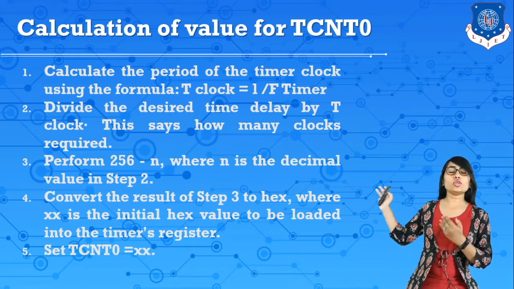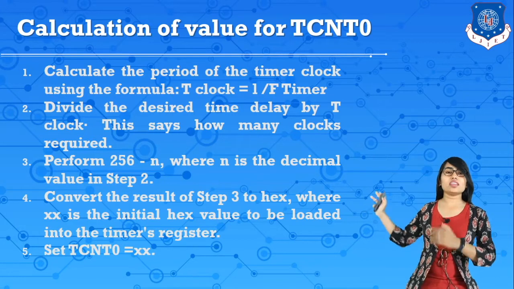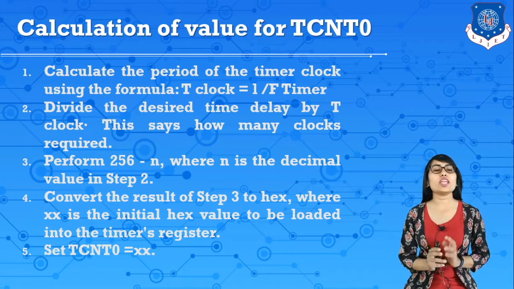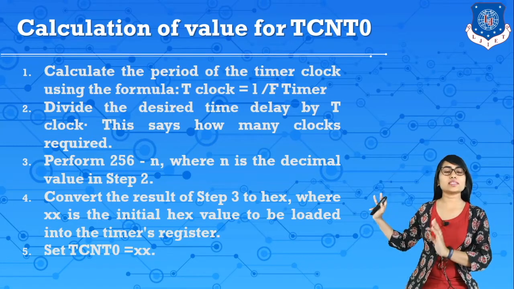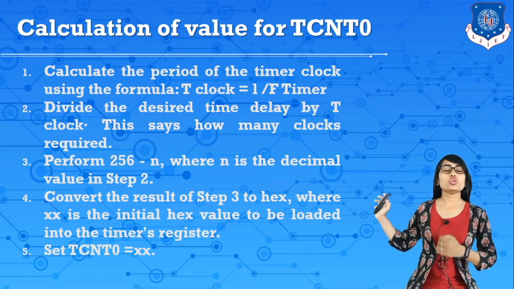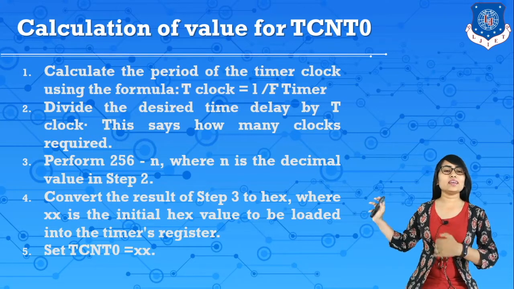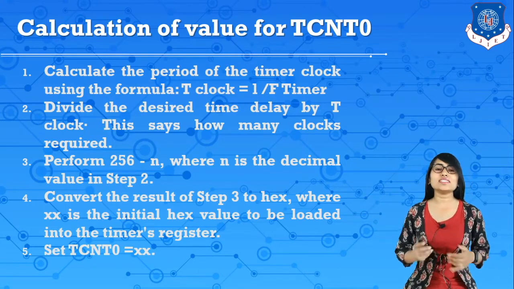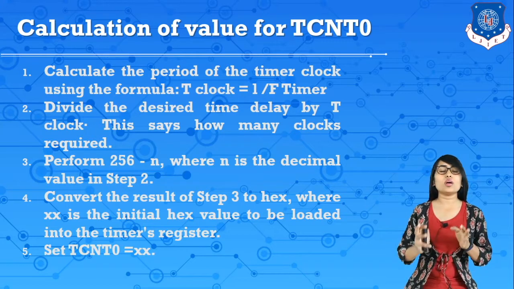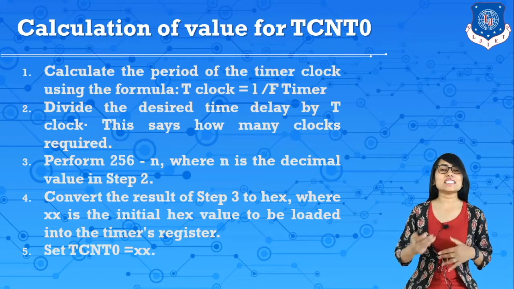So perform 256 minus n, where n is the decimal value from step 2. Now this data is converted either to hex or remains in decimal. So we have our value for TCNT0.